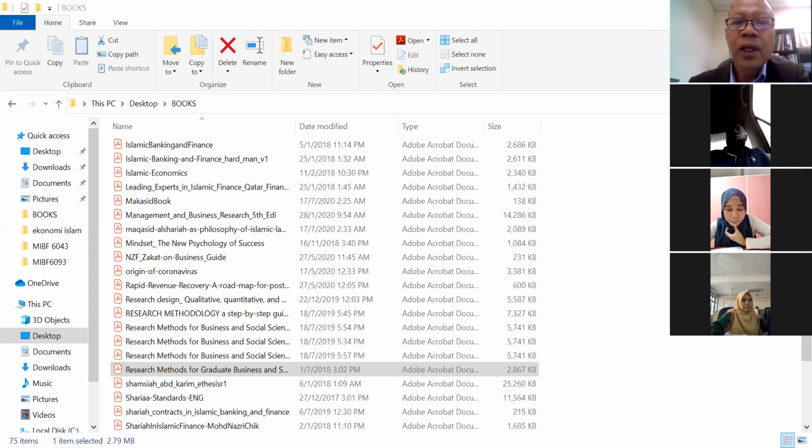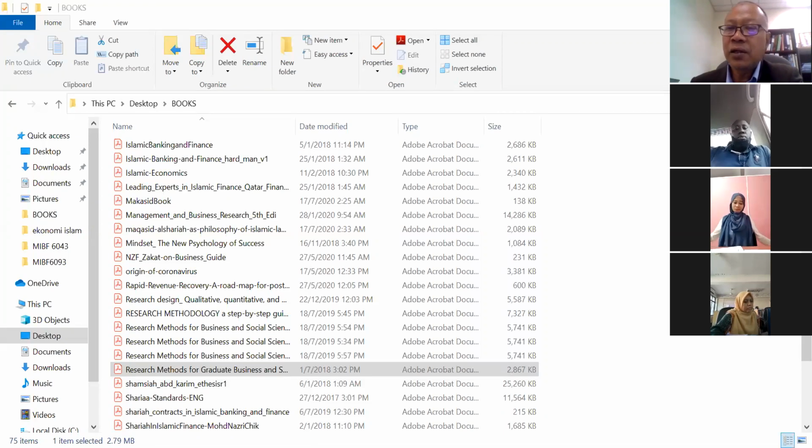Now we want to understand the concept. So this is the dependent variable. Okay. How do we choose which variables to include in the framework? This is done by referring to previous studies.